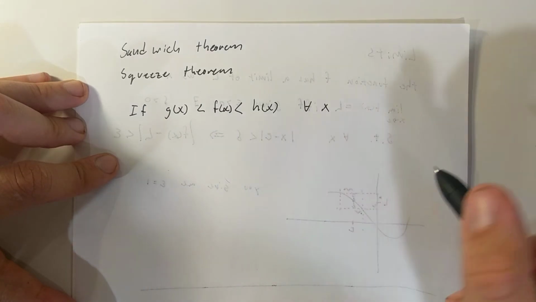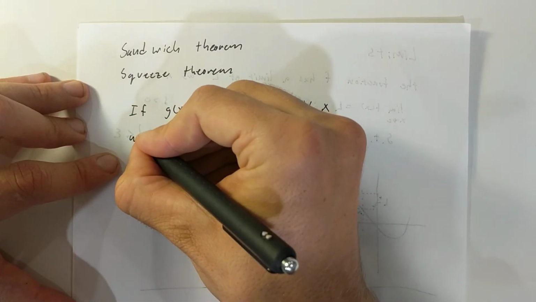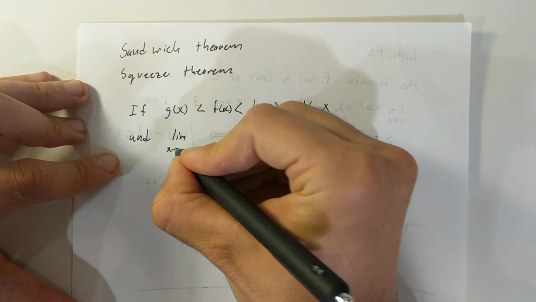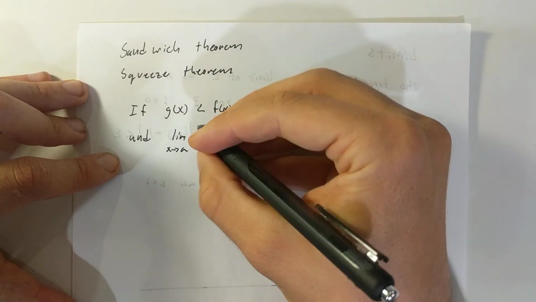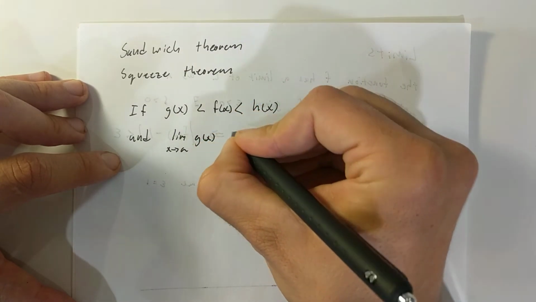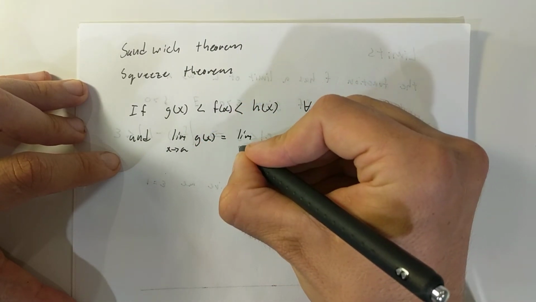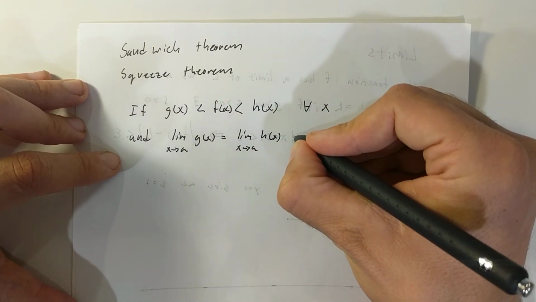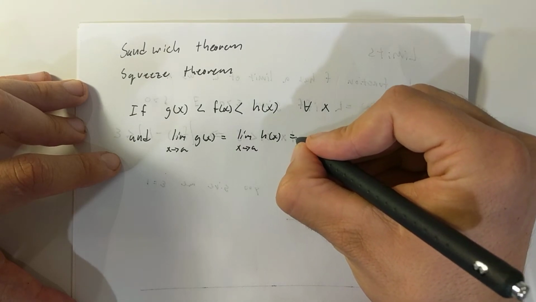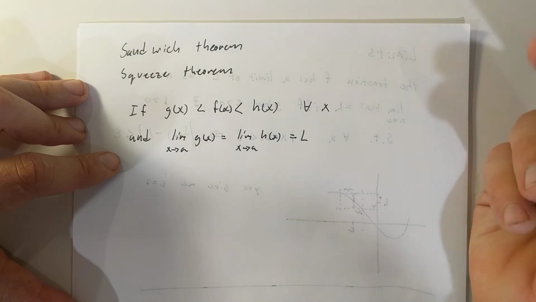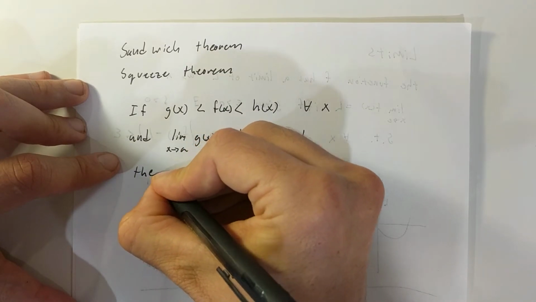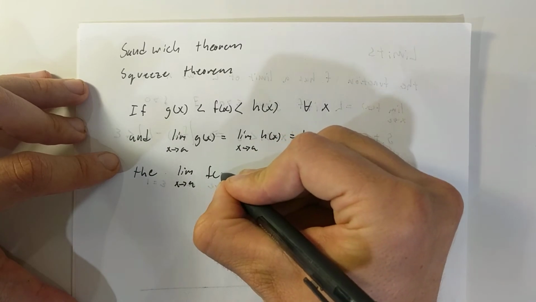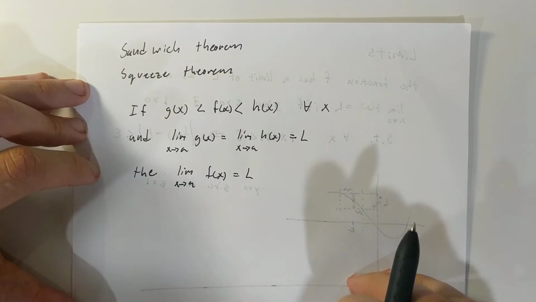So if this is true, and the limit as x approaches A of g of x equals the limit as x approaches A of h of x, which let's say equals some number, we'll call it L, then the limit as x approaches A of f of x also must equal L.